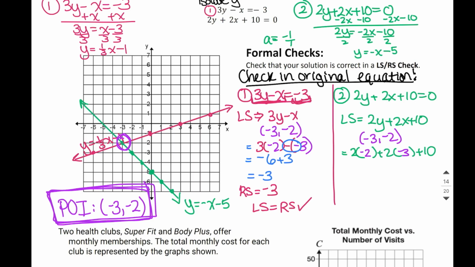And now I just have to do some evaluation here. So 2 times -2 is -4, 2 times -3 is -6, and then plus 10. -4 minus 6 is -10. -10 plus 10 is 0. And then we also know that our right side is equal to 0. So our left side equals our right side, and we can check.